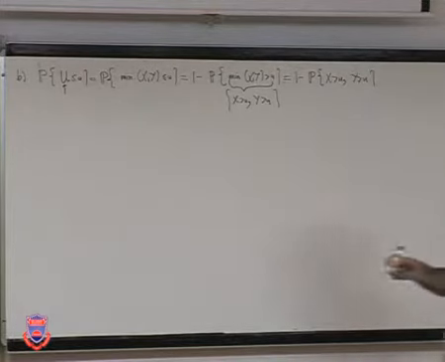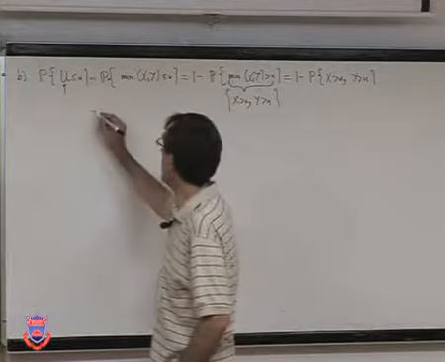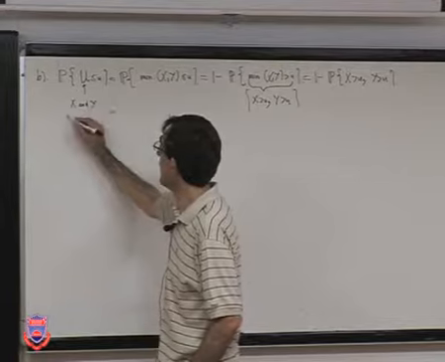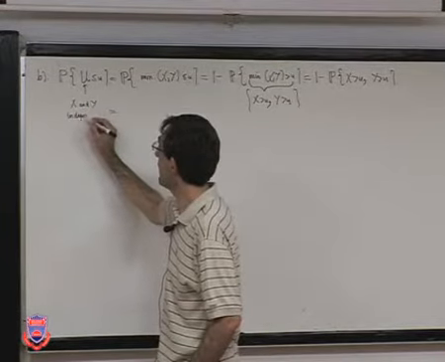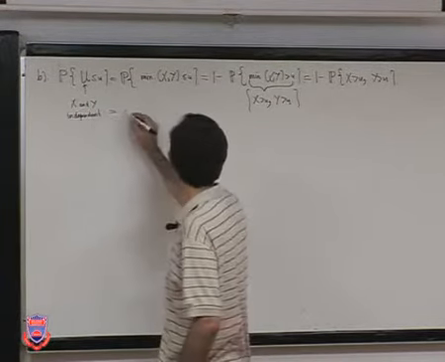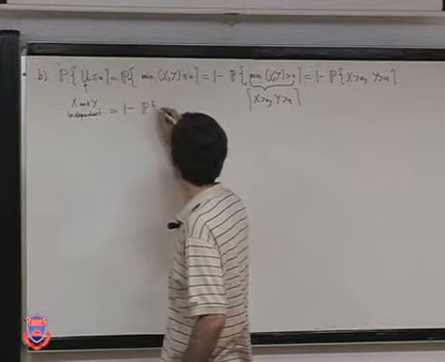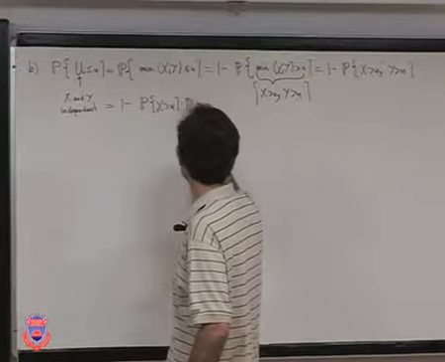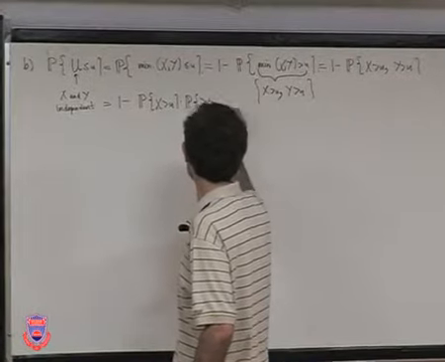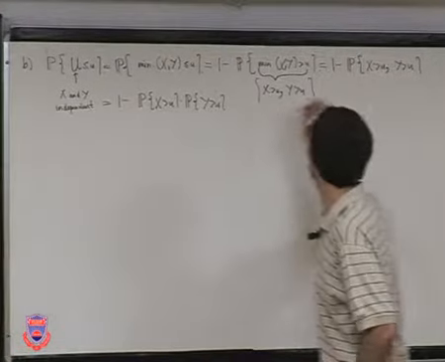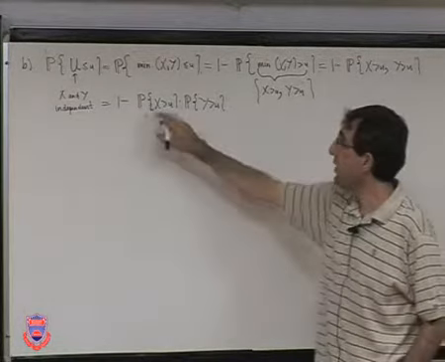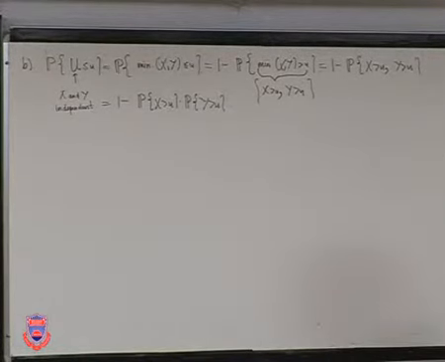And then, as before, we can use independence. Since X and Y are independent, this is 1 minus the probability that X is greater than u times the probability that Y is greater than u. I use independence to write this joint probability as the product of marginal probabilities.